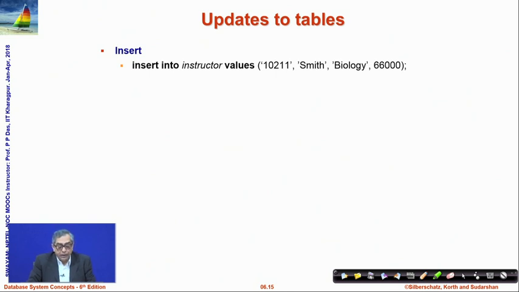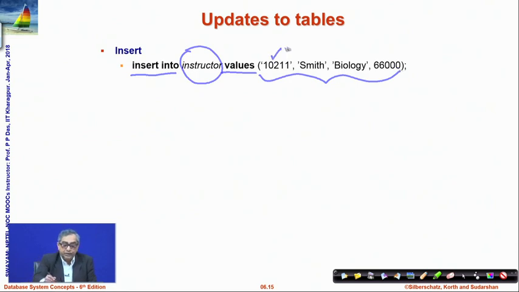Moving on, let us look at how to put in different records in a table which has already been created. The basic command is insert, and the keywords for that are insert into and values. In between you write the name of the relation where the record will have to be inserted, and then the values will have to be put as a tuple in the same order in which you have defined the attributes of that relation.